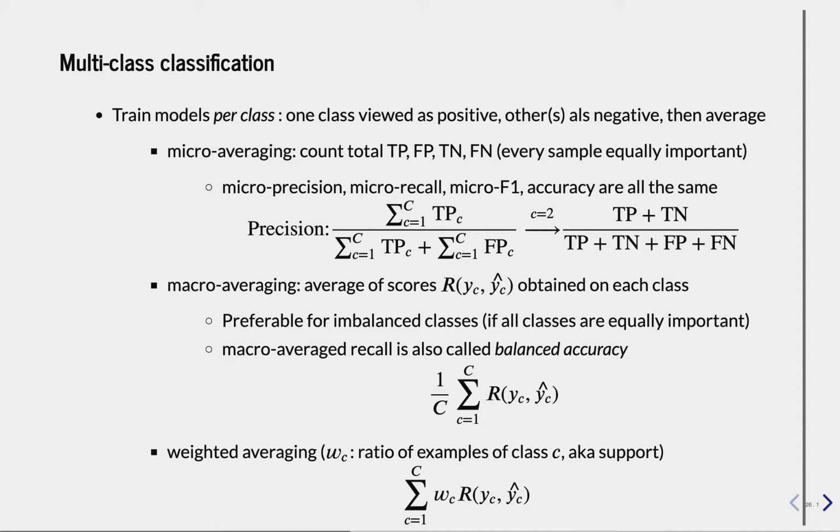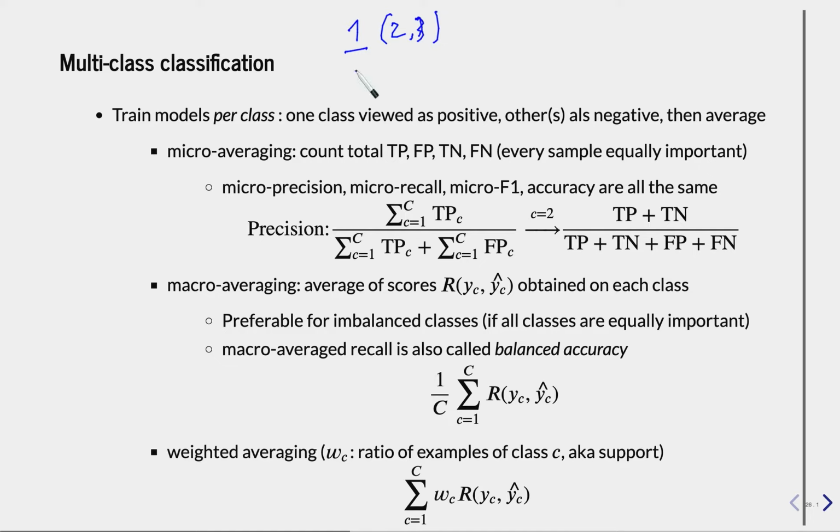There are different ways you can do it. There exist actual metrics that work on multi-class by themselves, but we can also use binary measures for multi-class classification. And the way we do that is by retraining the model per class. So if you have 3 classes, we'd say, okay, first model, class 1 is our true class, and 2 and 3 are our negative class.